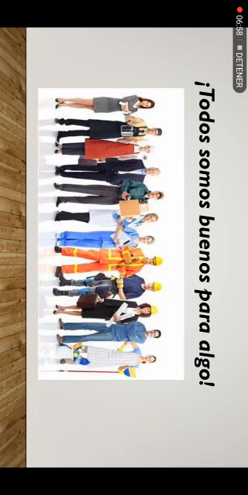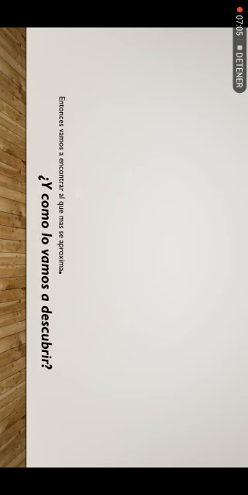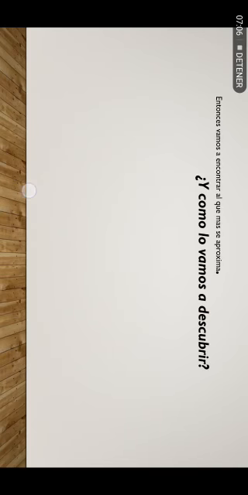Then we will hire the one who is closest to what we're looking for. How are we going to discover it? By effective communication, verbal, written, corporal, etc.